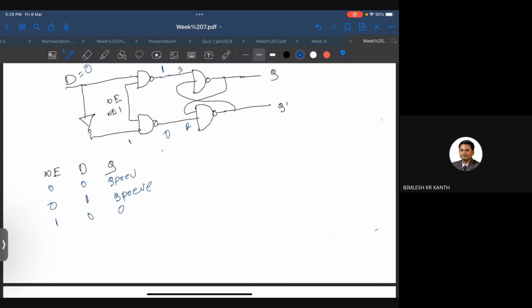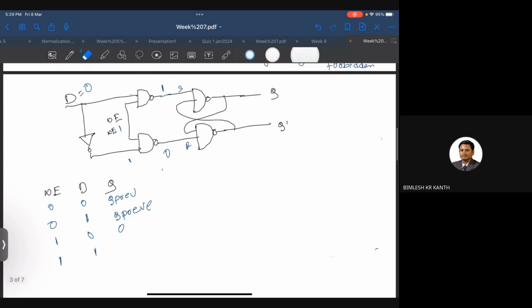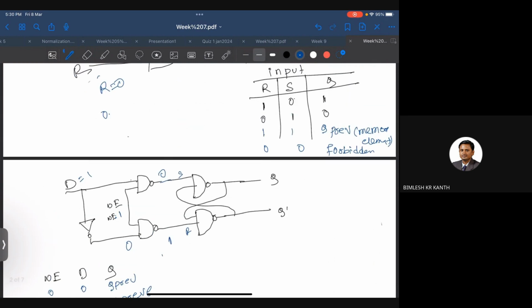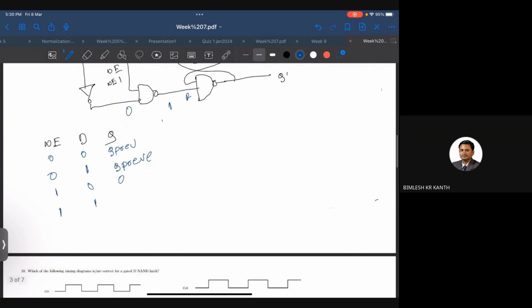Now let's take W equal to 1 and D equal to also 1. This will be 0 and this will be 1. When S is 0, R is 1, it will be 1. The forbidden state is avoided.